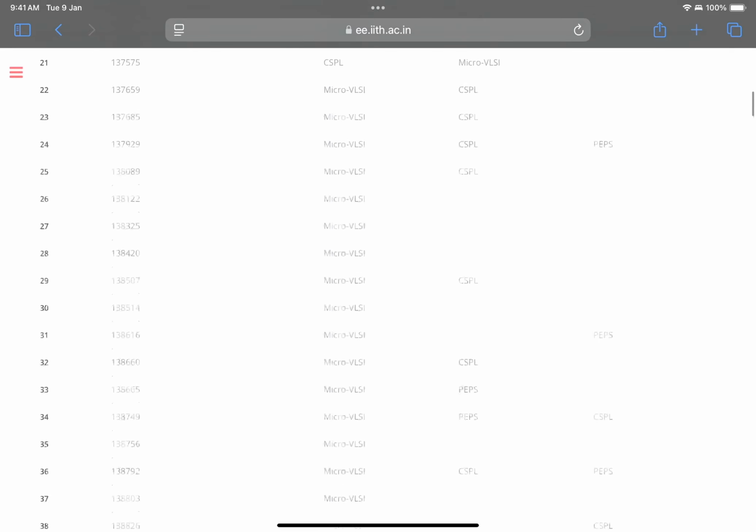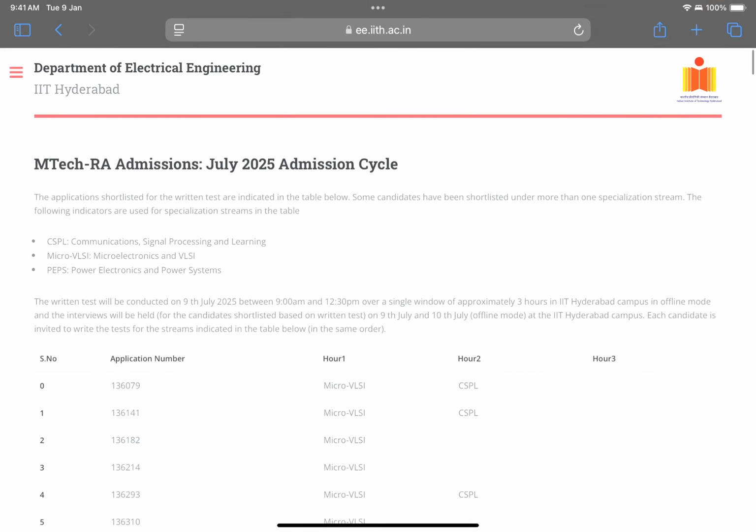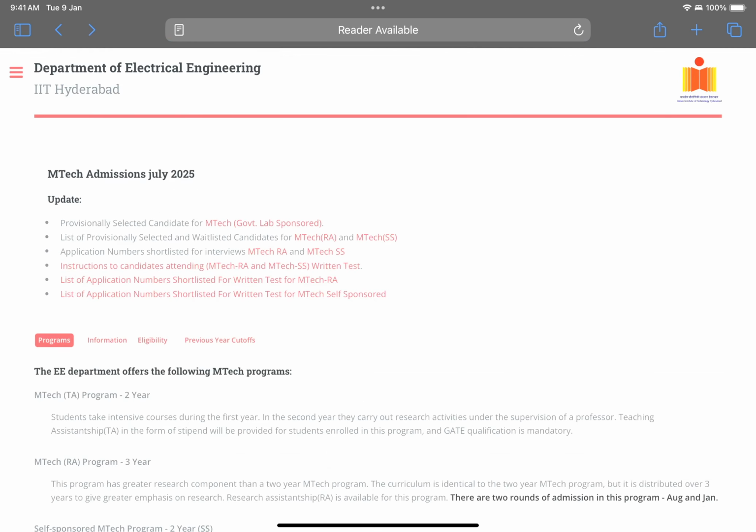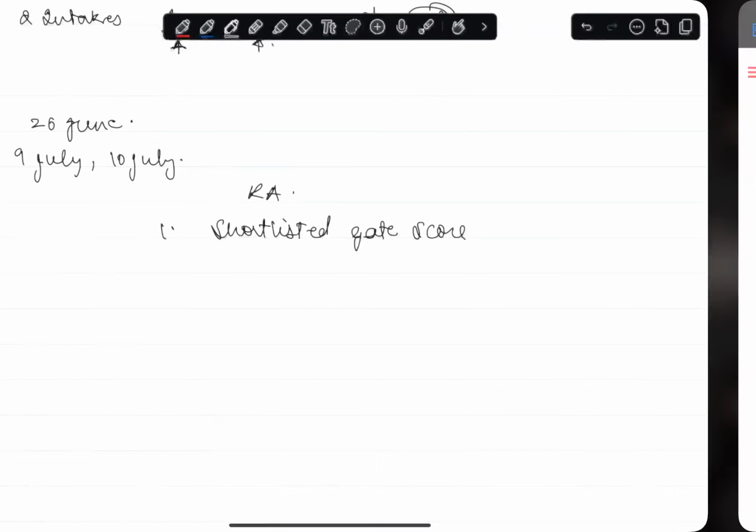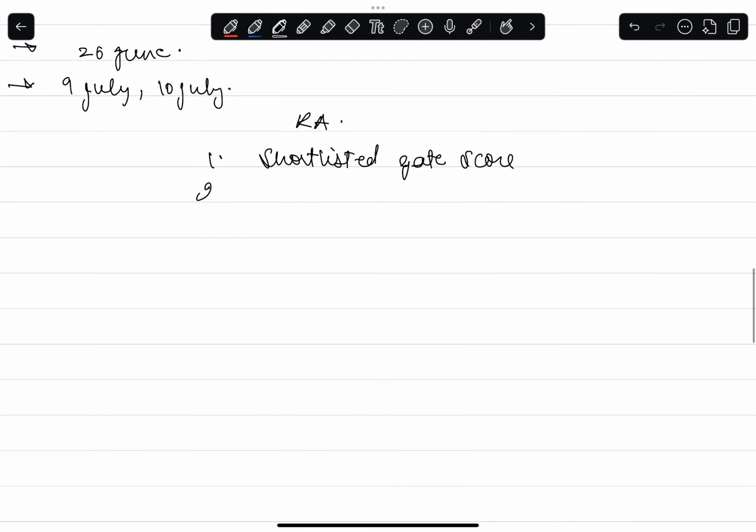Okay, so this is the data. 300 people were shortlisted. When I came to IIT Hyderabad, there was a written exam for the several branches we were shortlisted for. The written exam for CSPL was for 40 marks.